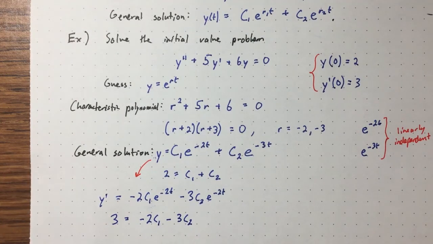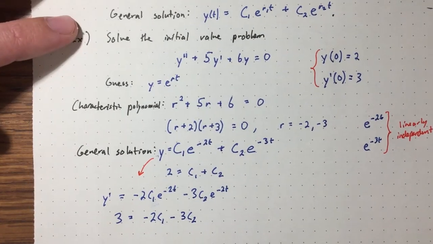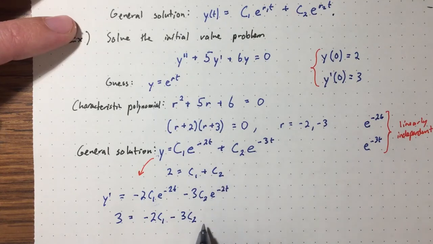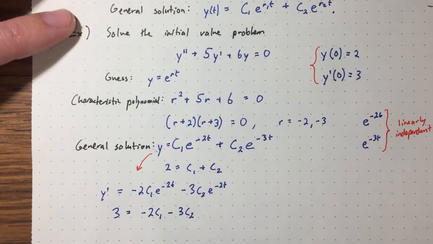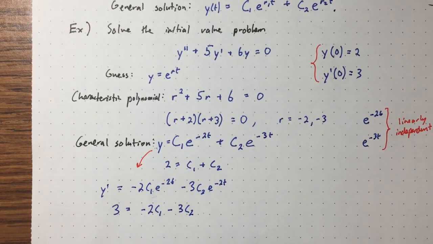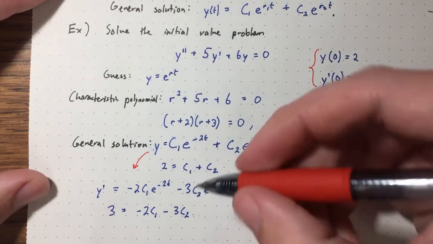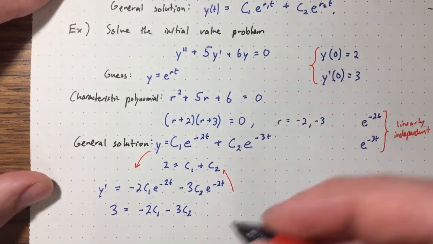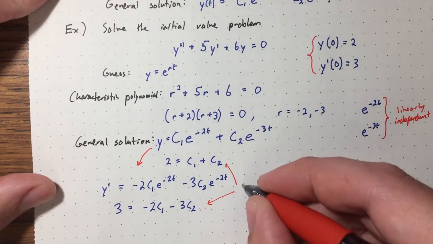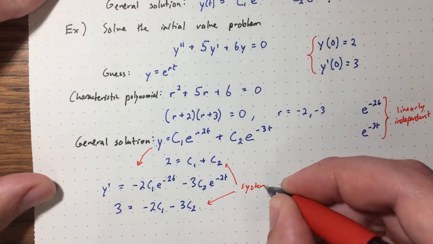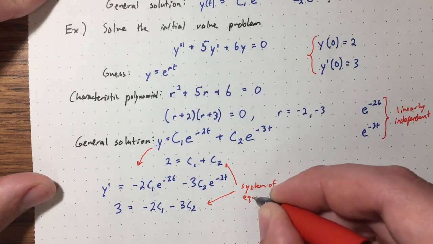And what do we have here? We have a system of 2 equations that we can now solve for c1 and c2. Often in these problems you have to solve a system of equations as part of the solution. Well, there are many ways.